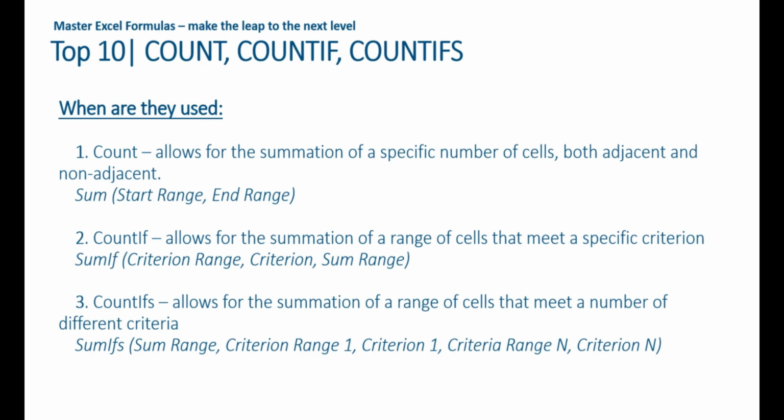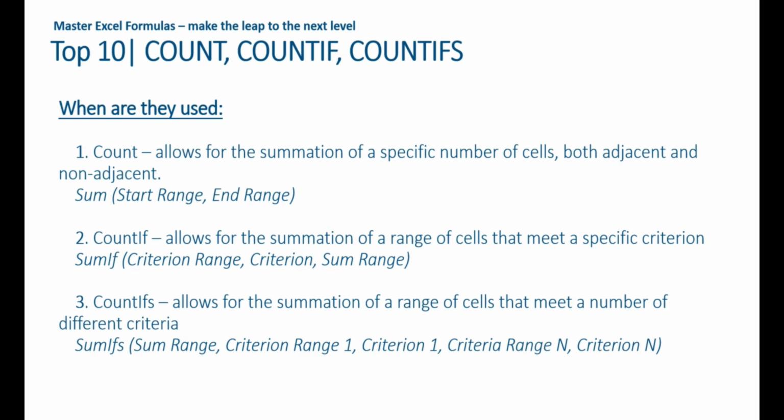You need to count a number of specific cells, and obviously you have countif and countifs, which basically allow for a condition to be inserted as well. Exactly the same logic as the previous two, but obviously in this case it is counting, it is not summing, it is not averaging, it is counting.